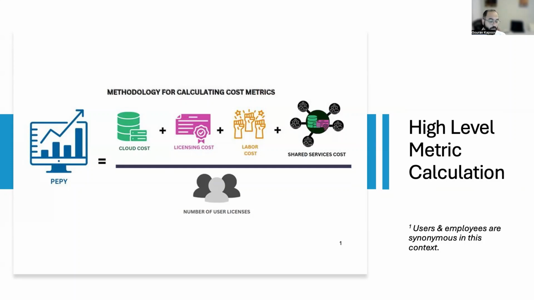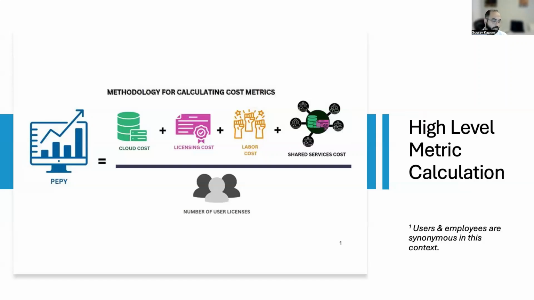Shared services costs are the common components serving different customers, products, or services. They cannot necessarily be tied to a particular product or service in this scenario. So those are shared services costs. Now, the denominator in this case is the number of user licenses, which is the number of employees you can use.